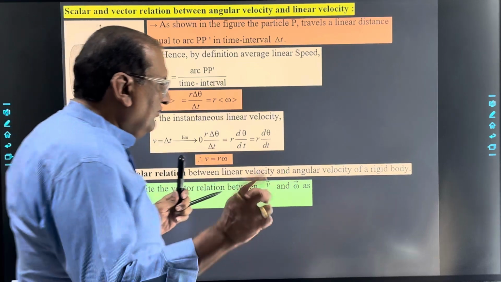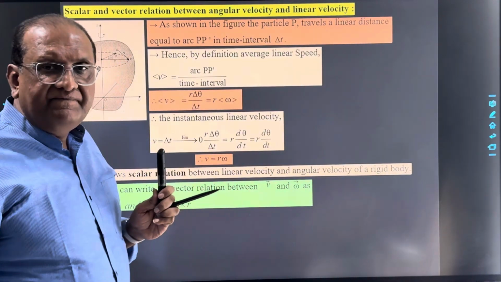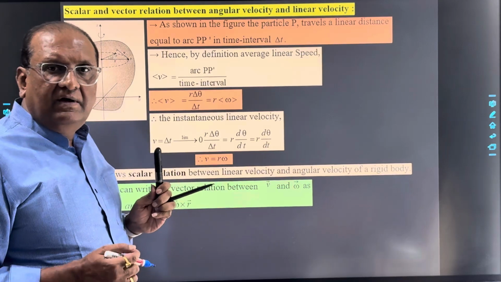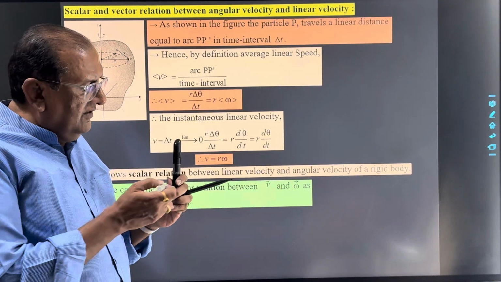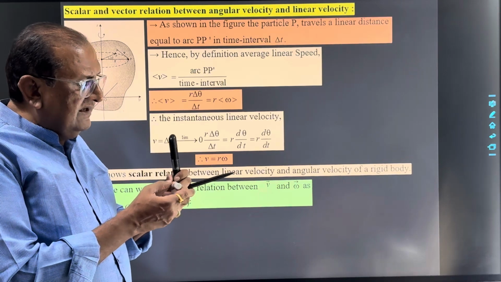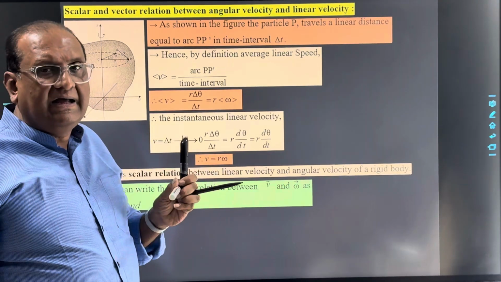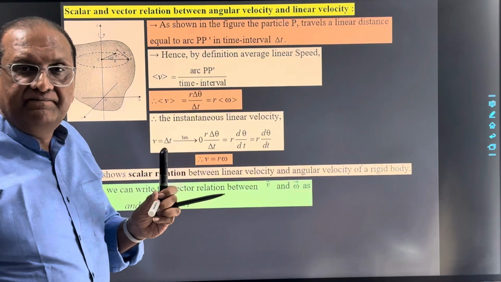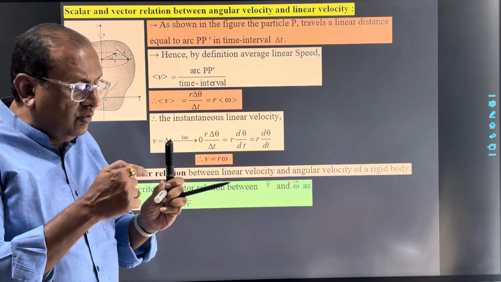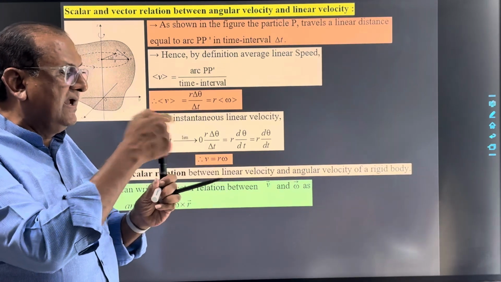So we have to place again the right hand screw, as we discussed for the direction of the vector product of two vectors. We have to place this right handed screw perpendicular to both omega and r. Now we want r cross omega, so we have to rotate this right handed screw from r to omega.